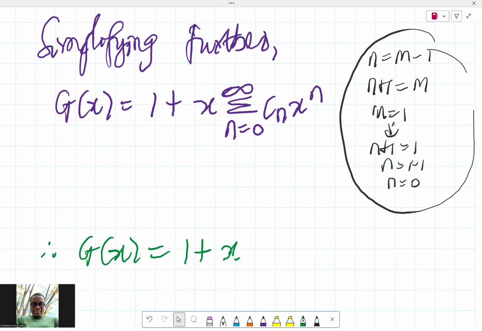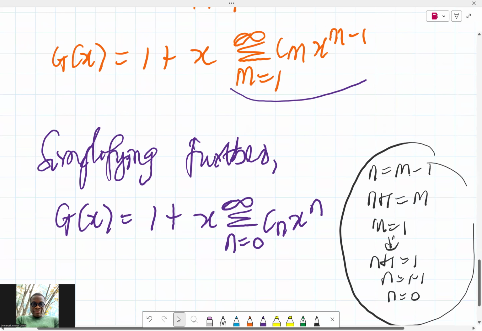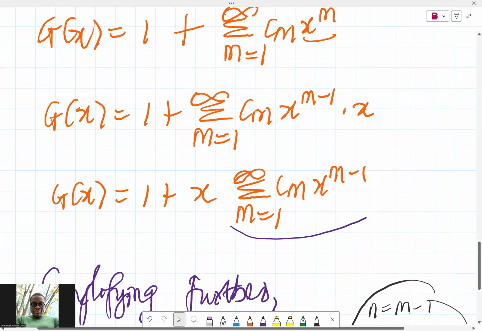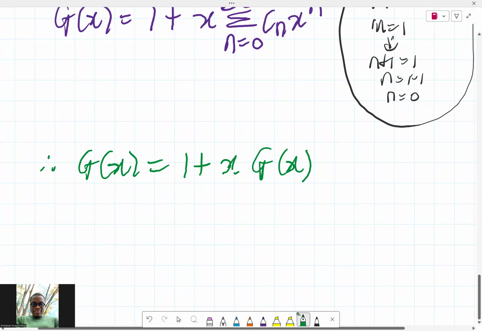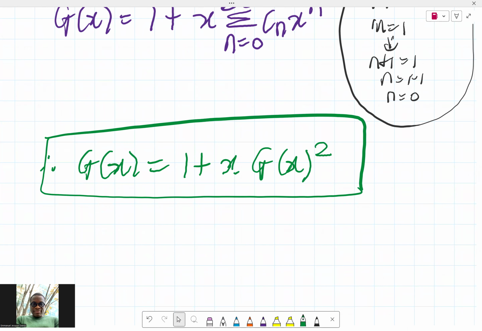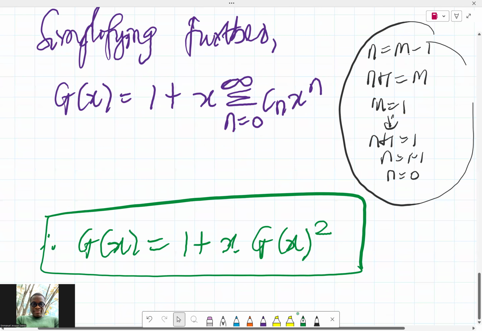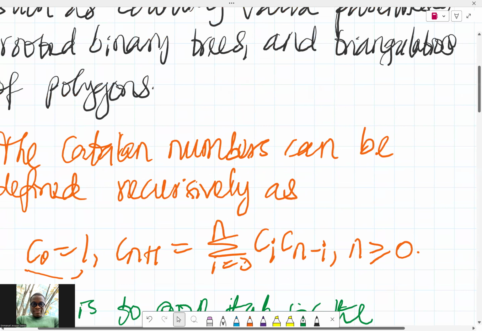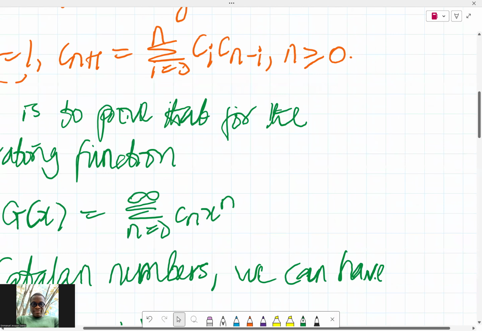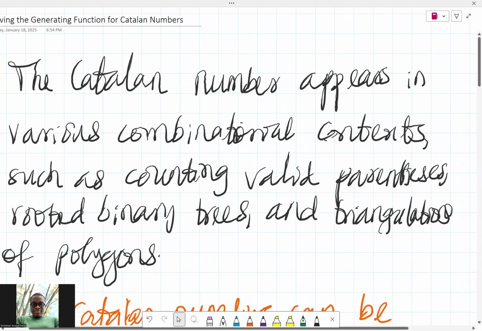So this one now is g of x all squared. And that is exactly the proof we are looking for. So this part now is g of x squared. Yeah, and that's how much we have for this particular aspect to prove the Catalan number.